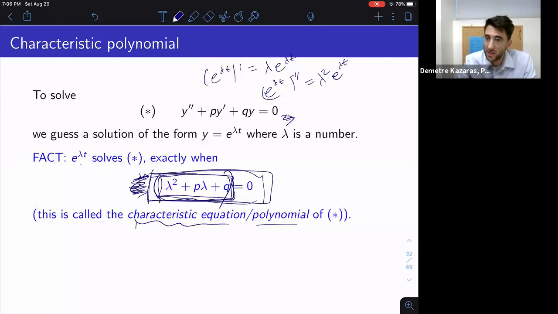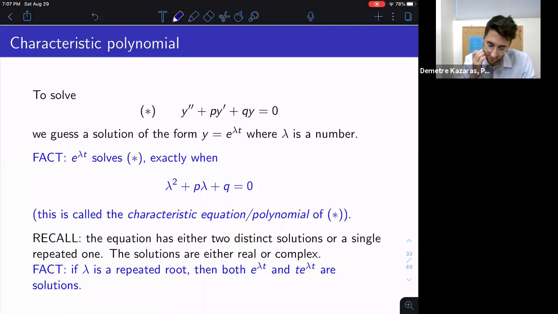This isn't just a guess. All solutions will take this form. And by the way, there's a better reason for why we guessed this, which maybe I'll talk about in class, but it's just a guess for now. So we're going to try to produce solutions by solving this.